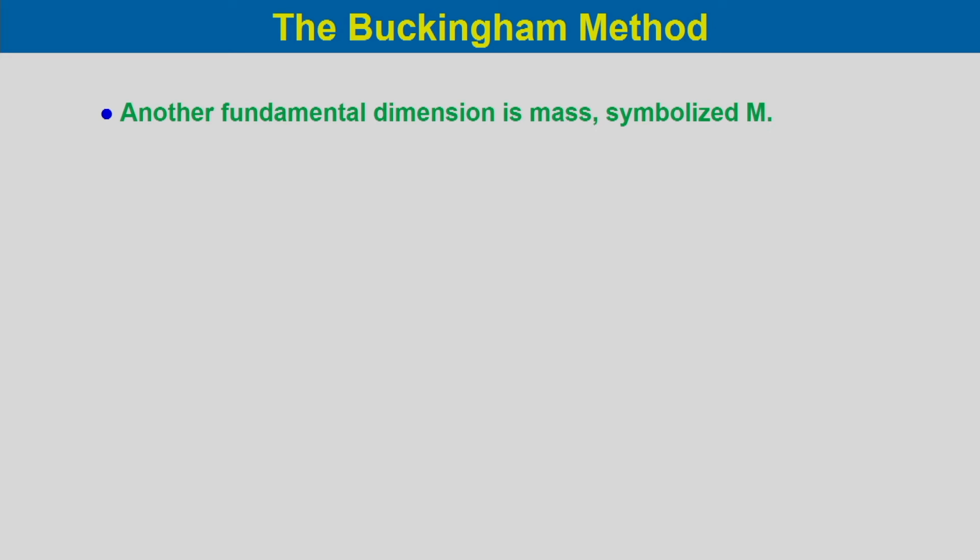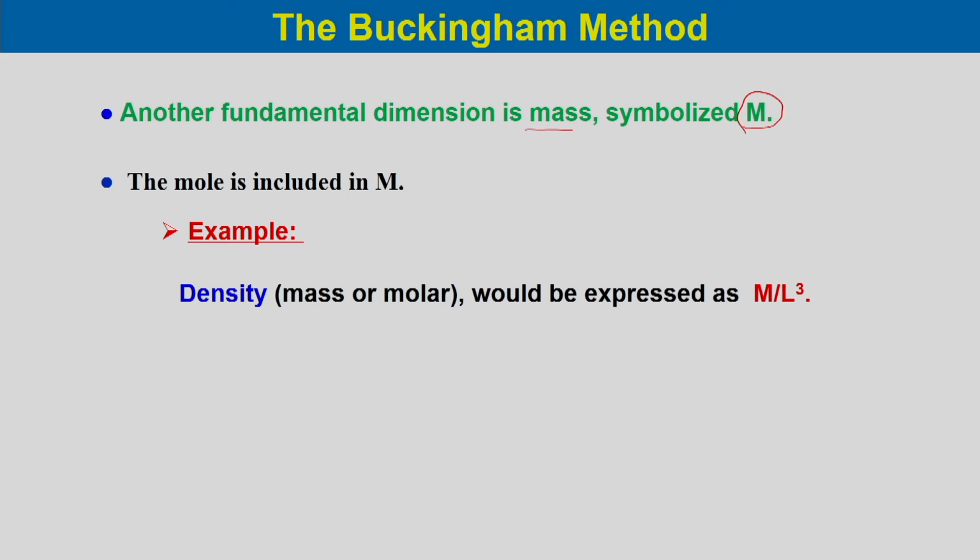Another fundamental dimension is mass, symbolized as m. Mole is also included in the dimension m. Take the example of density, mass density or molar density, which is expressed as m per length cube, that is, mass or mole m per L cube.